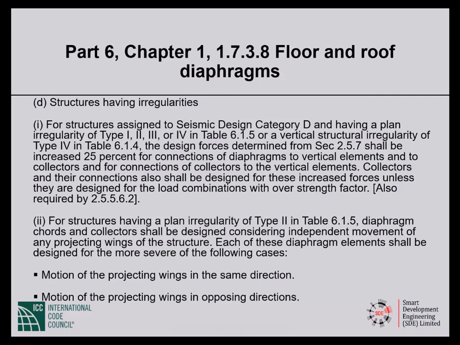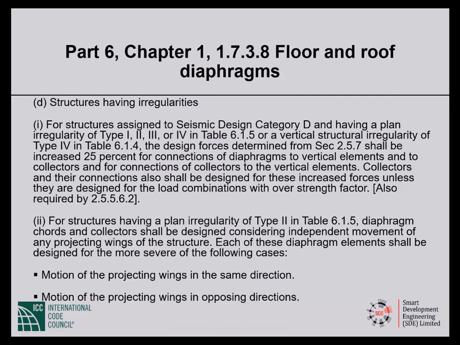For structures having plan irregularity type 2, that's extreme torsional, diaphragm cords and collectors shall be designed considering independent movement. No, type 2 is re-entrant corner. So for structures having a plan irregularity type 2, re-entrant corner, diaphragm cords and collectors shall be designed considering independent movement of any projecting wing of the structure.